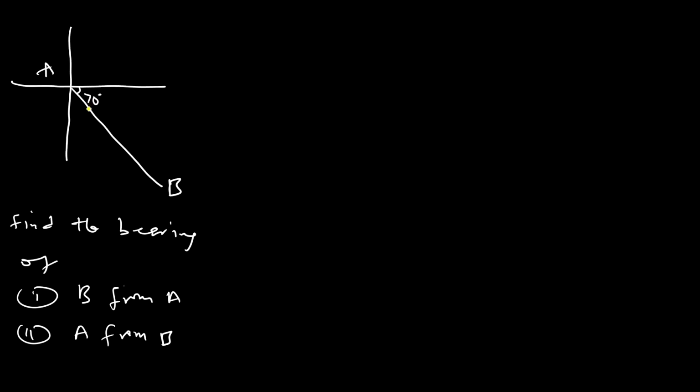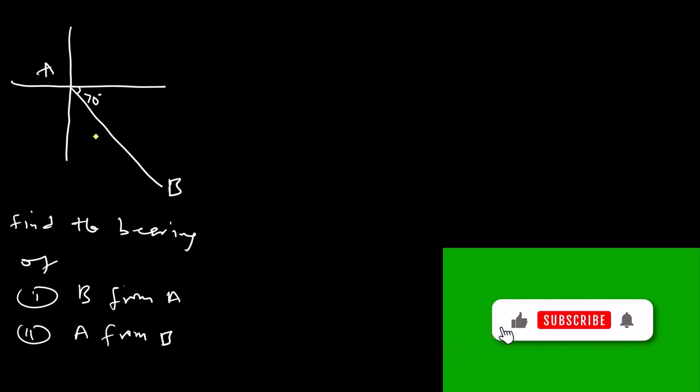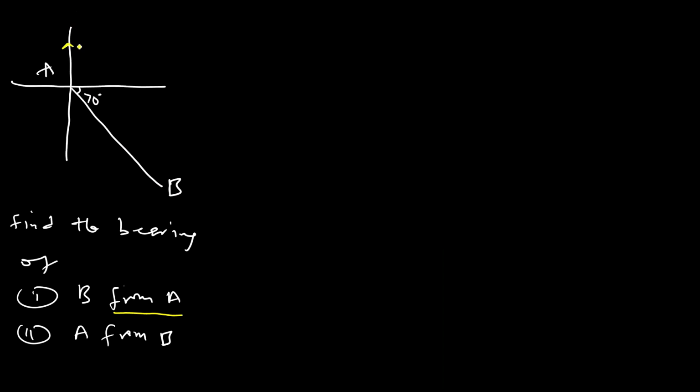We have to find the bearing of B from A. From A, it means A is the starting point. So let's locate our north here, then we rotate clockwise to meet the line B. We need to calculate this angle, which is the bearing of B from A. As simple as that. And how do we calculate this angle?